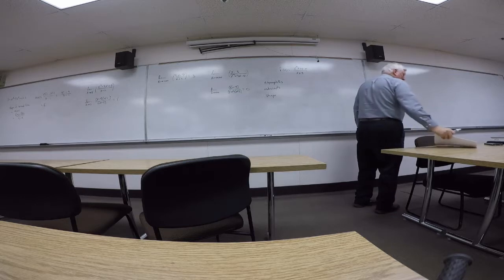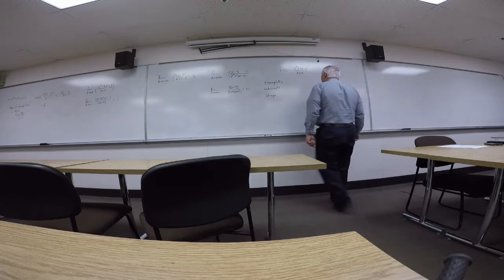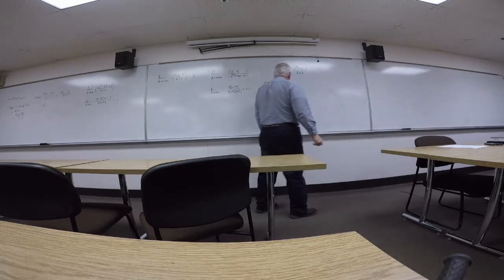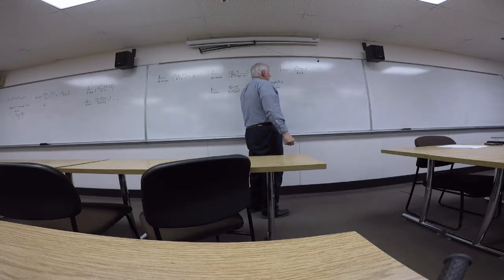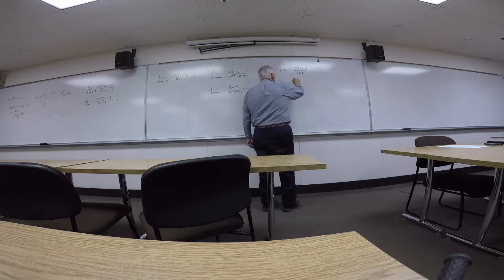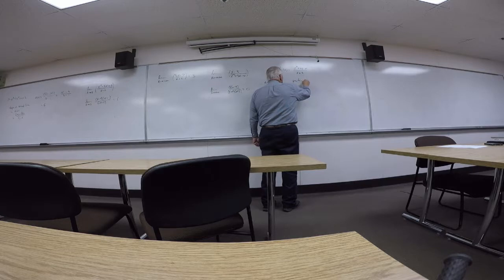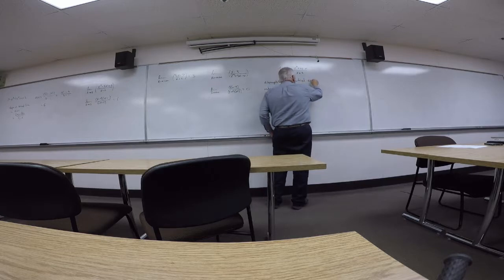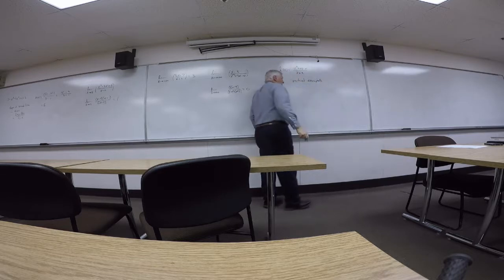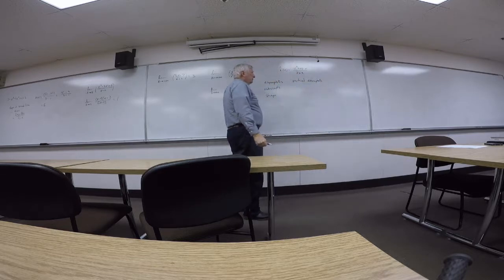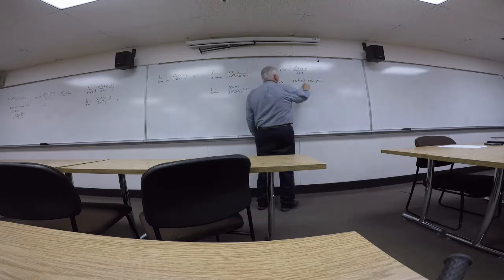Let's start with the asymptotes. We have a vertical asymptote when we have division by 0, and division by 0 occurs at x equals -2.